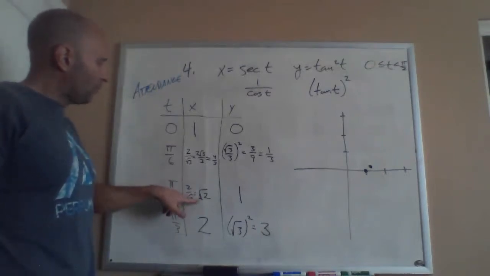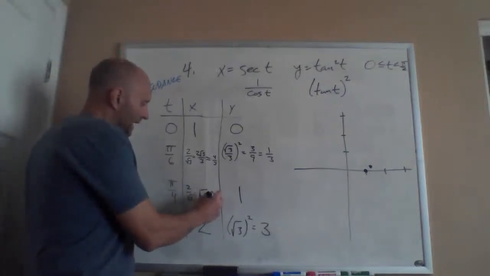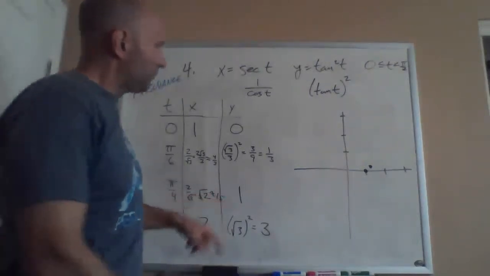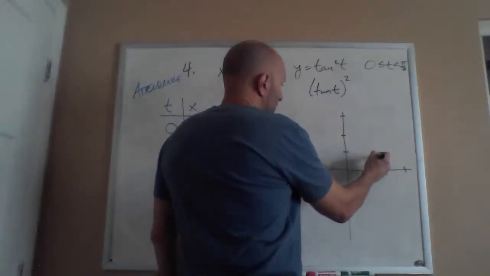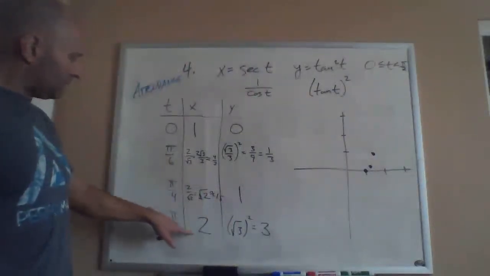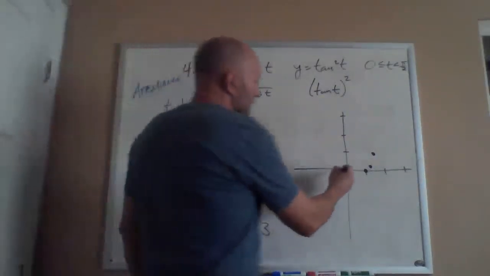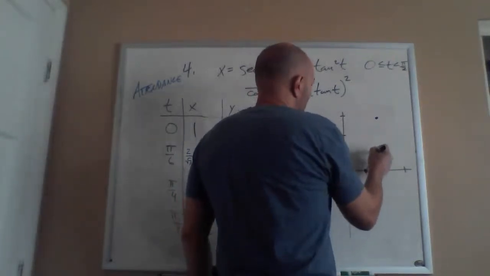For pi over 4, square root of 2 is about 1.5. So this point here is 1.5 units over, 1 unit up. So it puts me there. And this point is 2, 3. 2 units over, 3 units up. So I got what here?